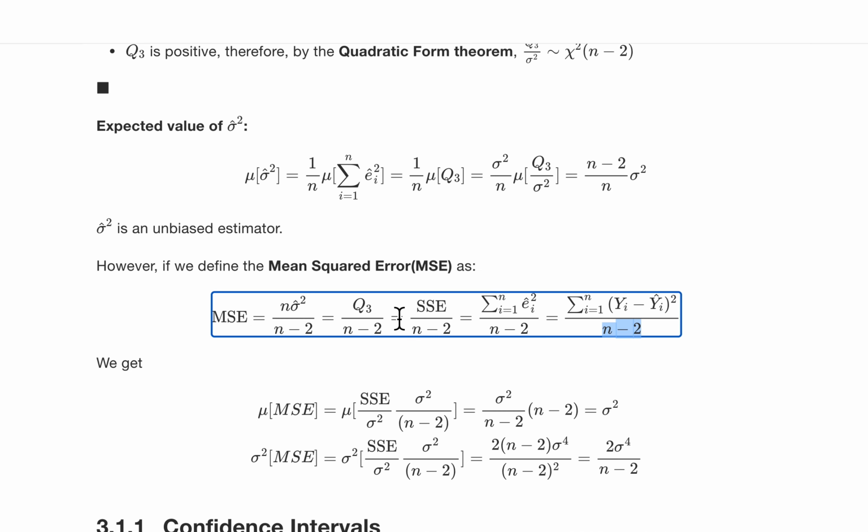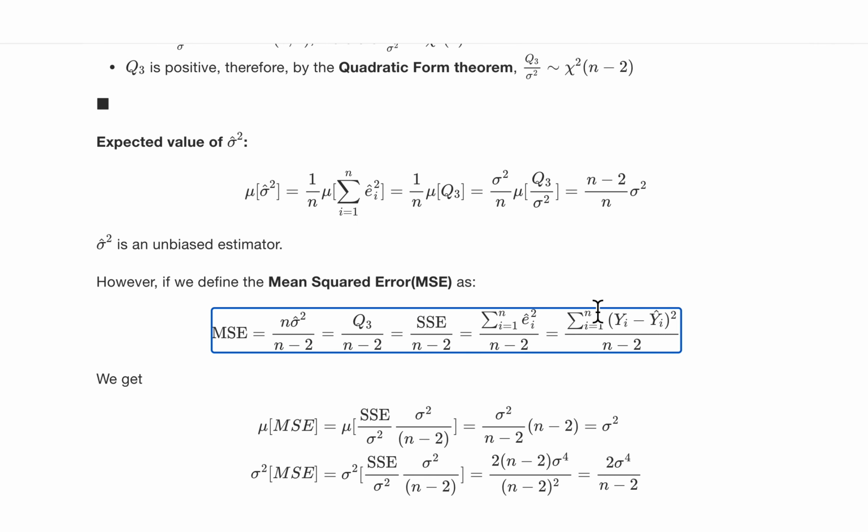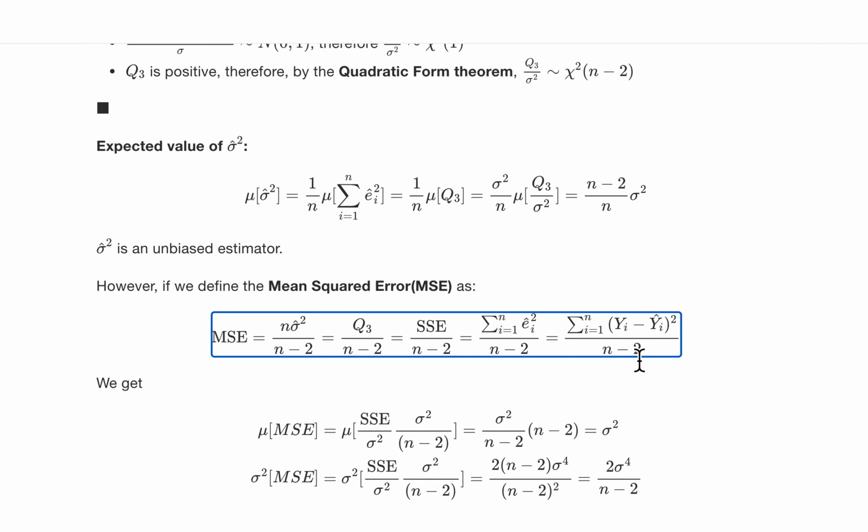So MSE is called mean square error. Why is it a mean? Because it's a sum of some values divided by the total number of quantities, which here is the number of degrees of freedom.